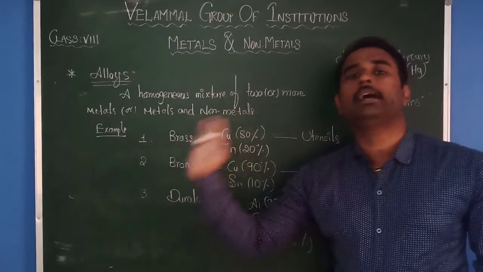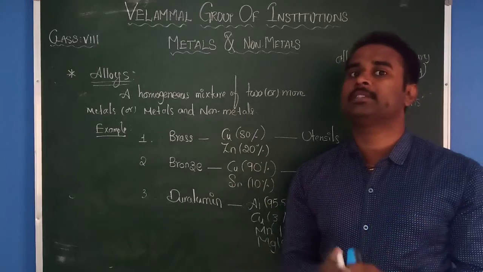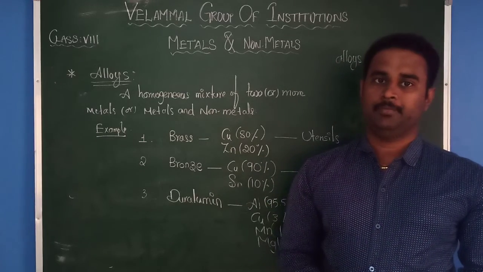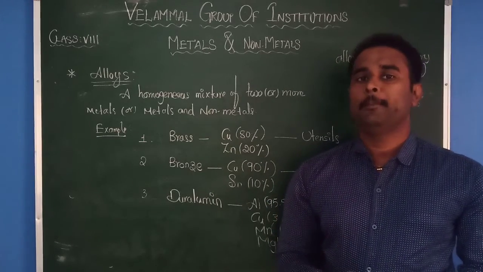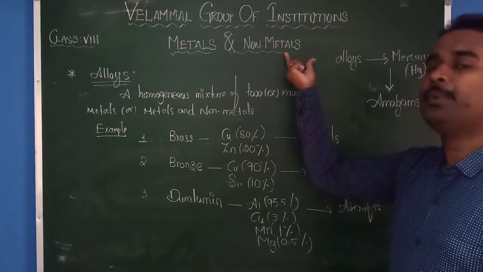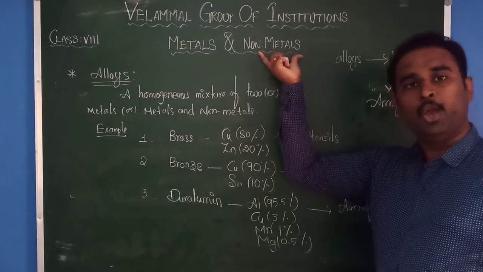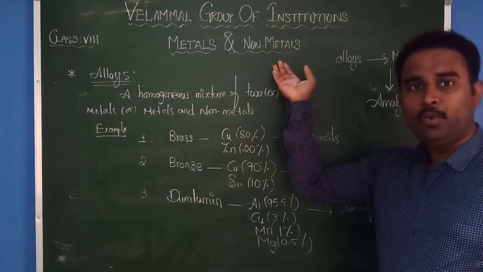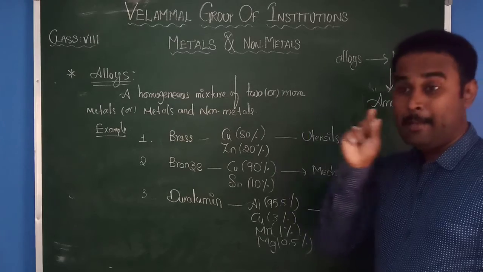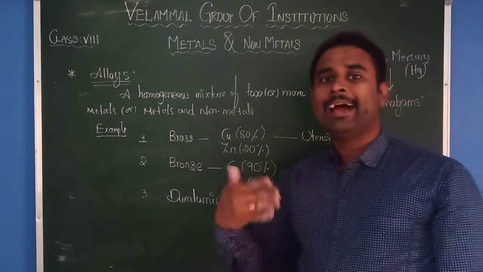Generally metal oxides are basic in nature. Generally, not all metal oxides are basic in nature. In the next class, we discussed the physical and chemical properties of non-metals, their uses, and that non-metallic oxides are generally acidic in nature.